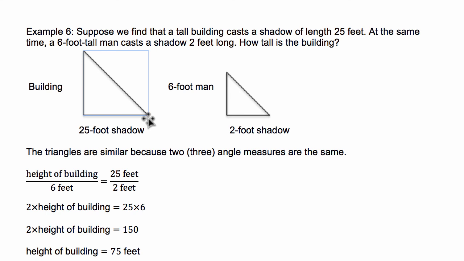Knowing that, we could have found the height of the building by multiplying the height of the man by 12.5. Note that 6 times 12.5 equals 75, so our answer would have matched the answer we got using the original method.